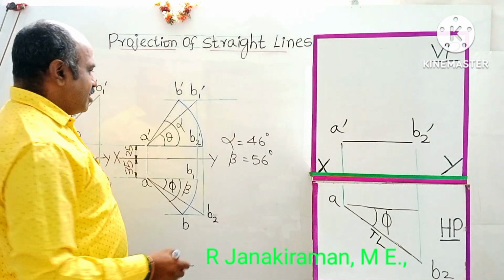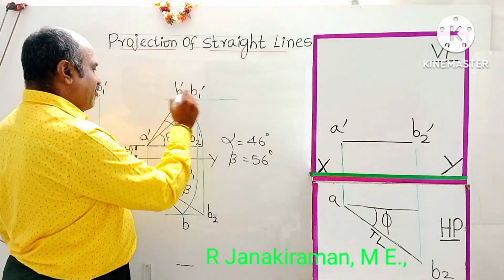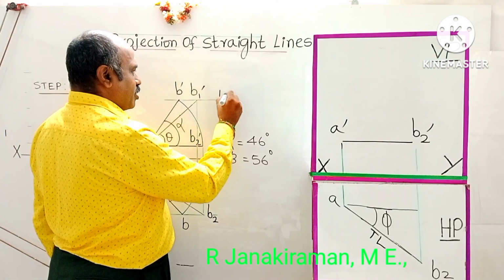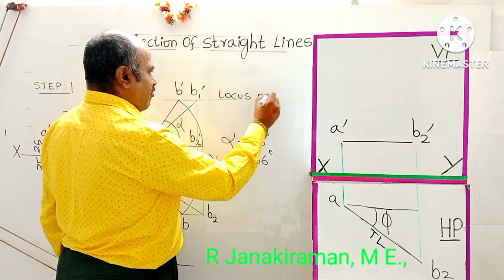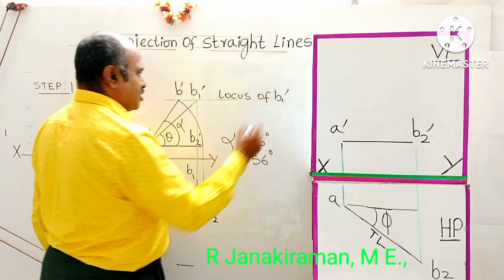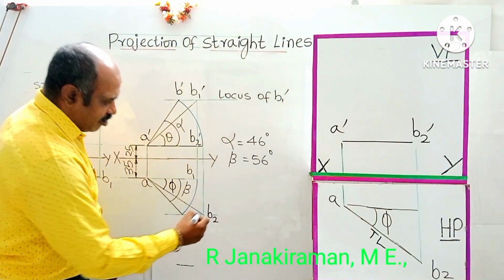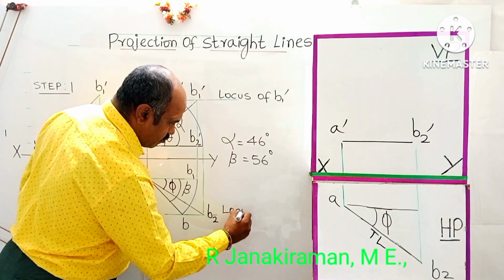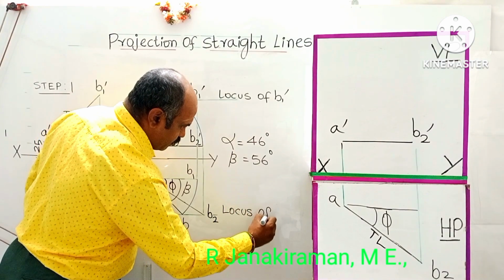Whereas this A dash B dash is the final front view. This is the locus line, the locus of B1 dash. Similarly, this horizontal line is the locus of B2.